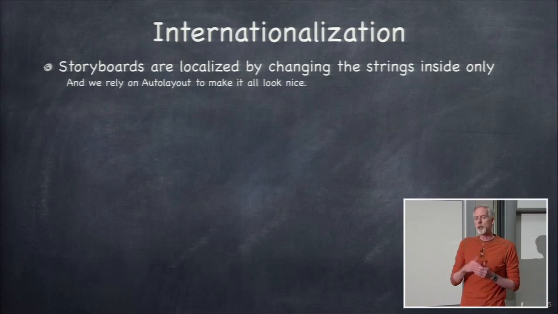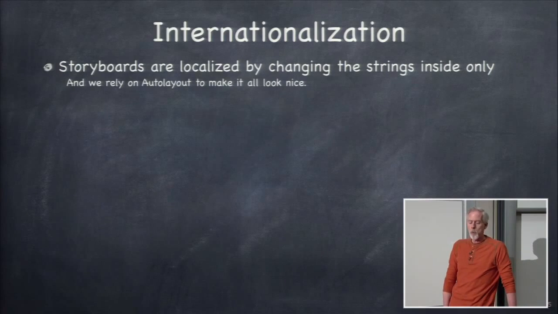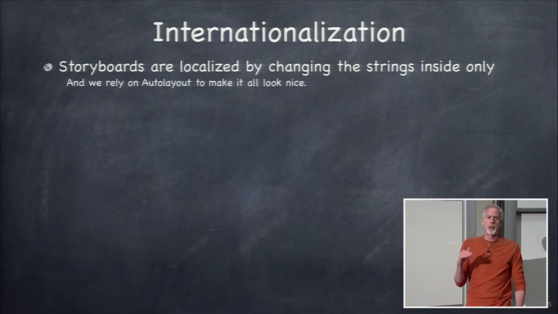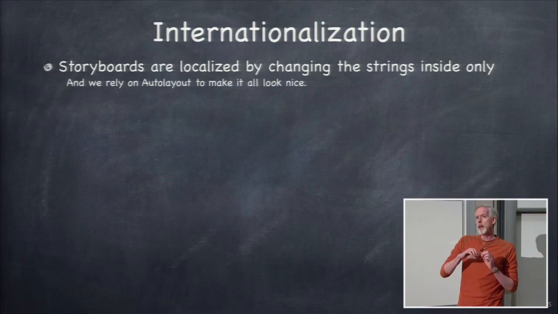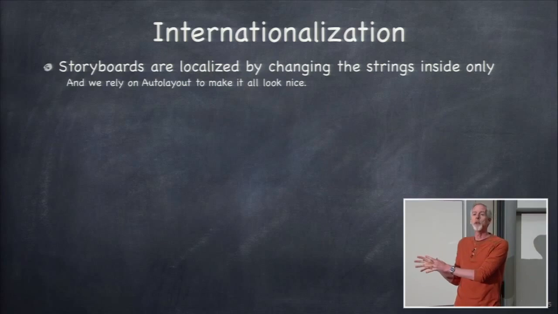There are really two places that you have strings in your code, strings meaning text that is going to appear in the UI. One is in your storyboard, a lot of strings in there, labels and all that stuff. And for storyboards, Xcode knows how to reach in there and grab all those strings and pull them out in a way that you can give to a localizer.